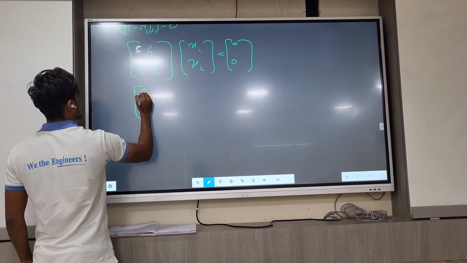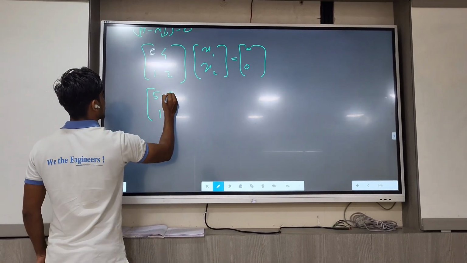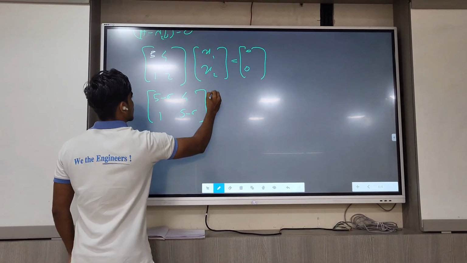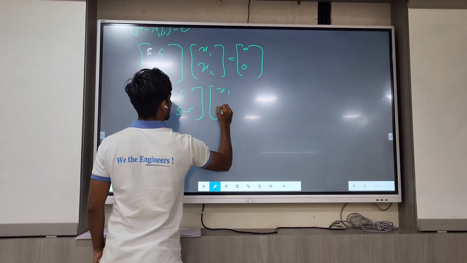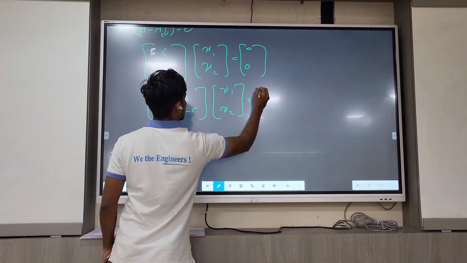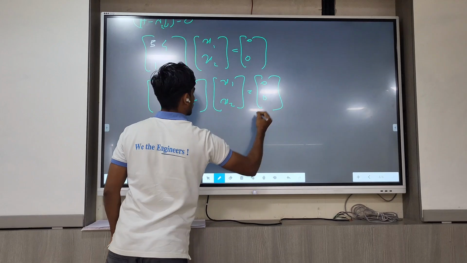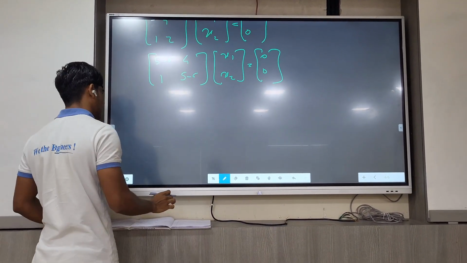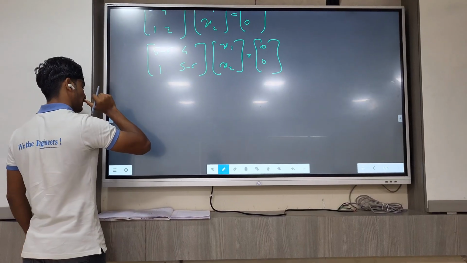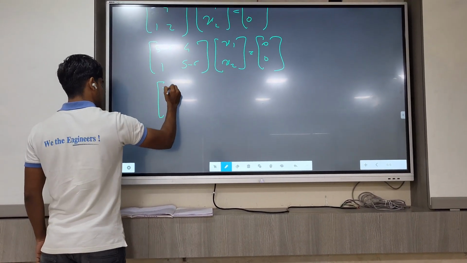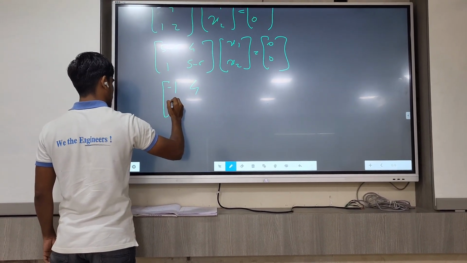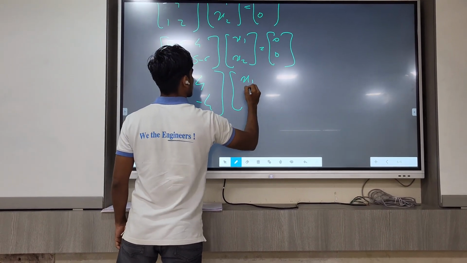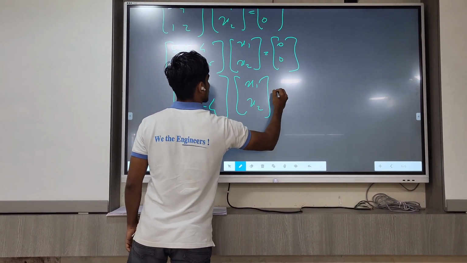So we have 5 minus 6, 1, 4, 2 minus 6. So after subtracting this, we get minus 1, 4, 1, minus 4, x1, x2 equal to 0.